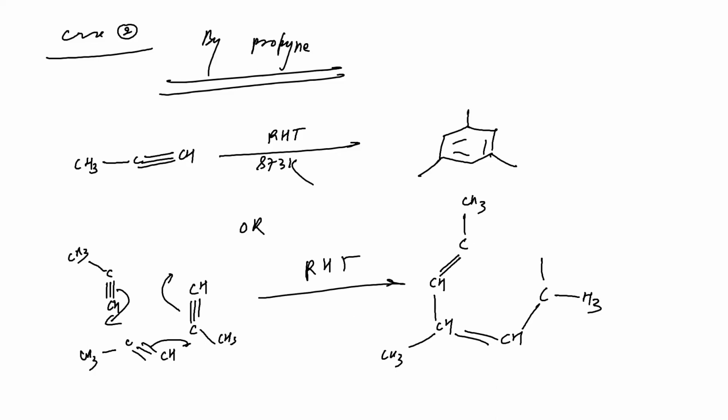Then it is double bond CH. If you are counting 1, 2, 3, 4, 5, 6, so 1, 3, 5 trimethyl benzene. This is going to be trimethyl benzene. That you need to know, student.